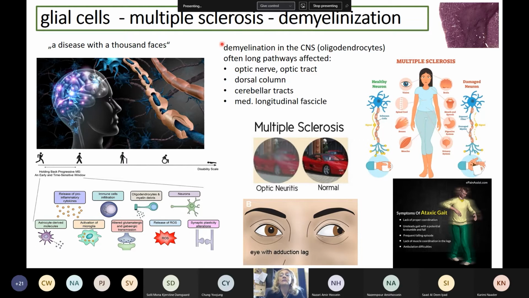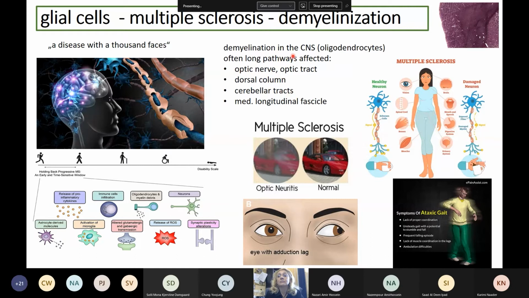And here with the oligodendrocytes, there is one disease you should know because it's, unfortunately, a very common disease, multiple sclerosis. It's also called the disease with 1,000 faces because the symptoms depend on which tracts are affected. It doesn't always start in the same place at all.